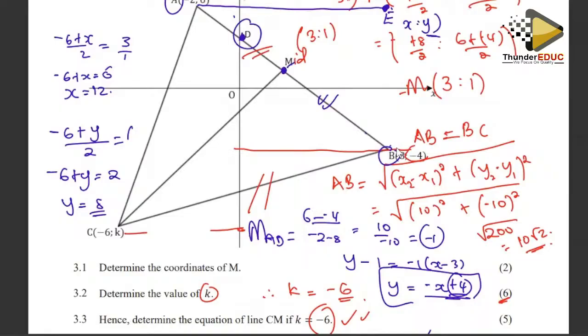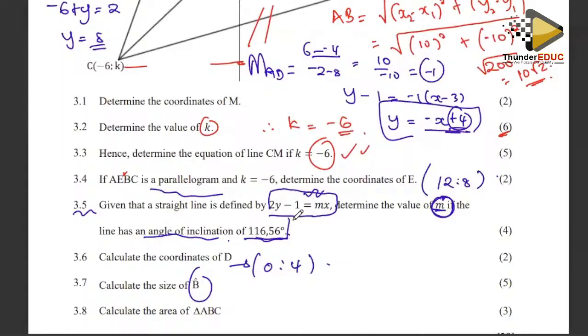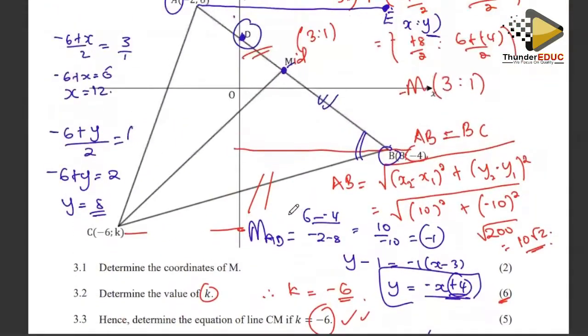Okay, so this angle here is what the question is asking for. It should be a lot of marks, right? It's 5 marks. What do you think needs to be done here? What needs to be done?